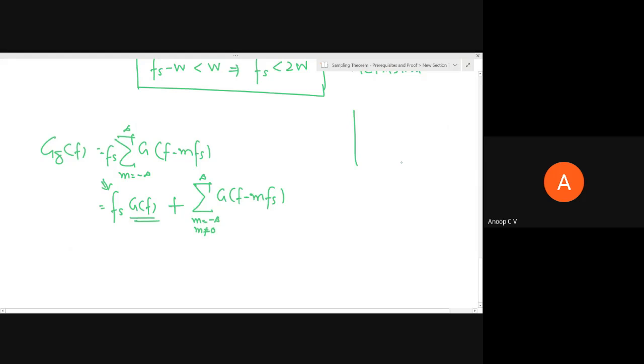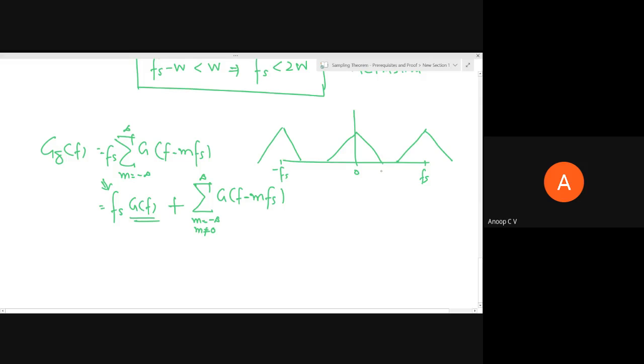So maybe now I'll draw a case where there is no overlap. This is fs times G(f), centered at 0, with replicas at fs, minus fs, and so on and so forth.